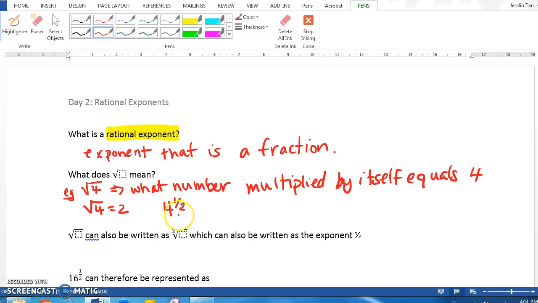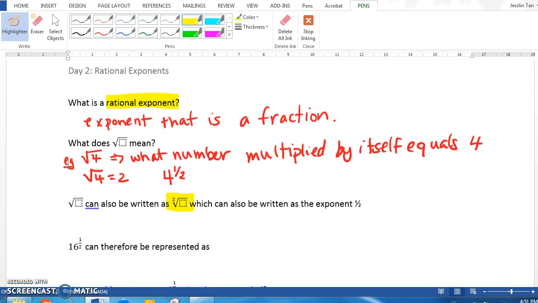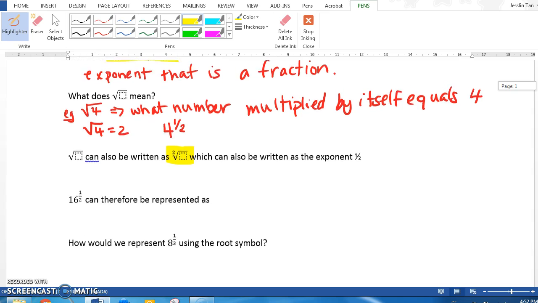Since this denominator is 2, this is where we would write the 2 beside the root symbol. It's only significant when we start having roots with different denominators. Up until now, we've only had to deal with square roots, so that is why we normally don't put in the 2 there, because it is so commonly used.